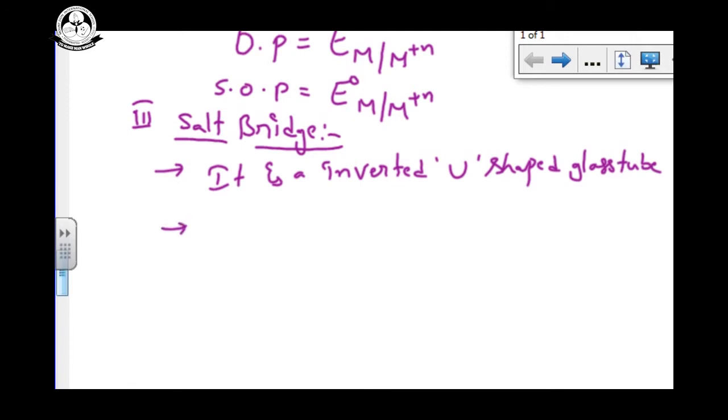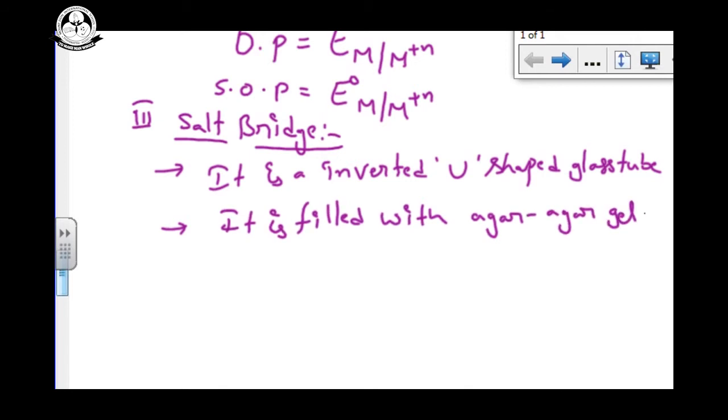This inverted U-shaped glass tube is filled with agar paste, agar gel with electrolyte.